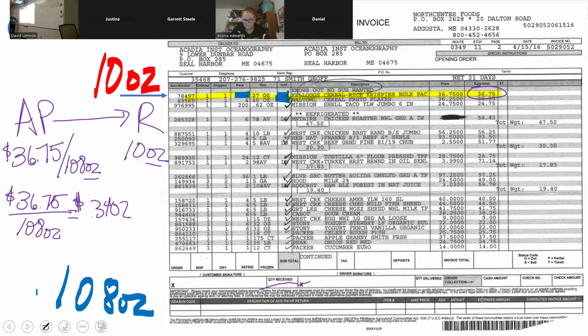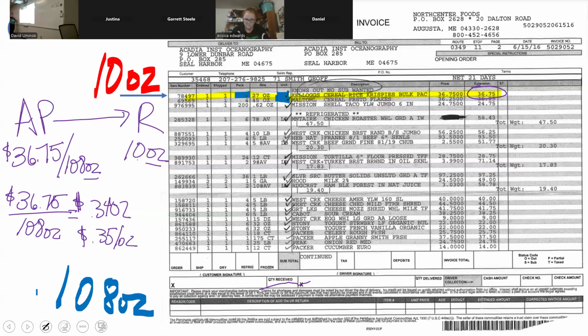We round up to the nearest penny, so 35 cents per ounce.